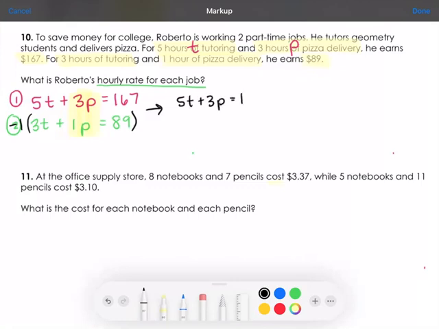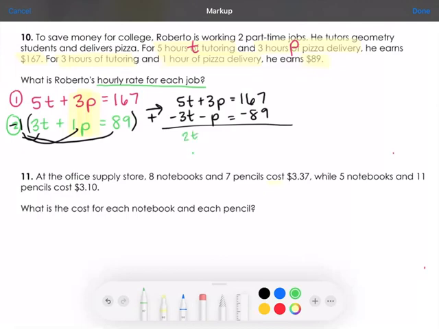So I have 5T plus 3P equals 167. And down here I have -3T minus P equals -89. And I'm going to add these 2 equations together. So I get 5 minus 3 is 2T.